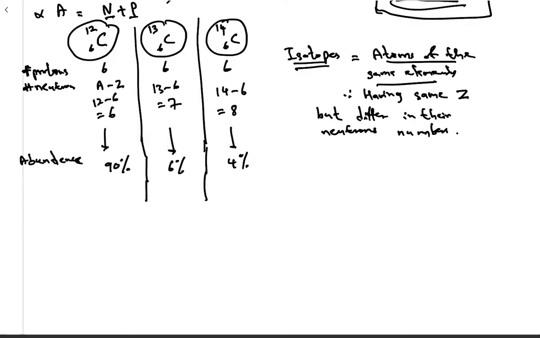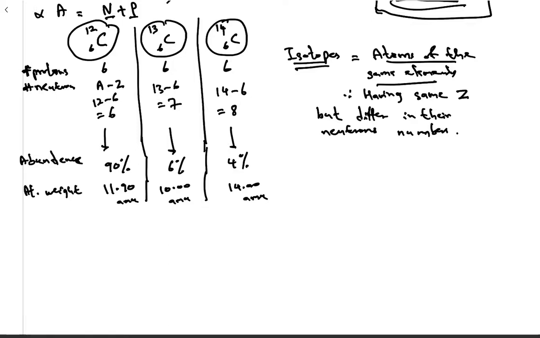So let's say the atomic weight of each one of these isotopes is different, and say this isotope weighs 11.90 atomic mass units, this isotope weighs say 10 atomic mass units, and this isotope weighs 14 atomic mass units.